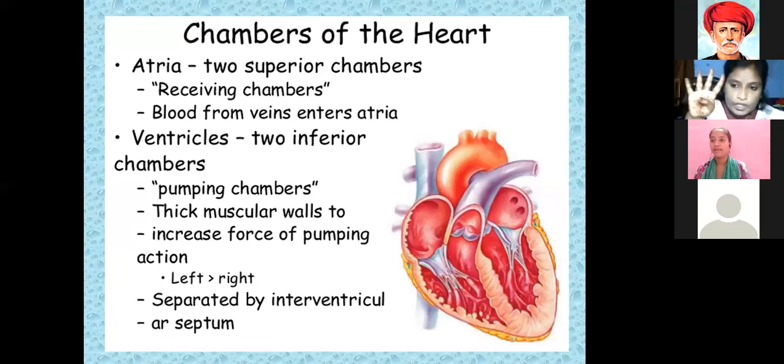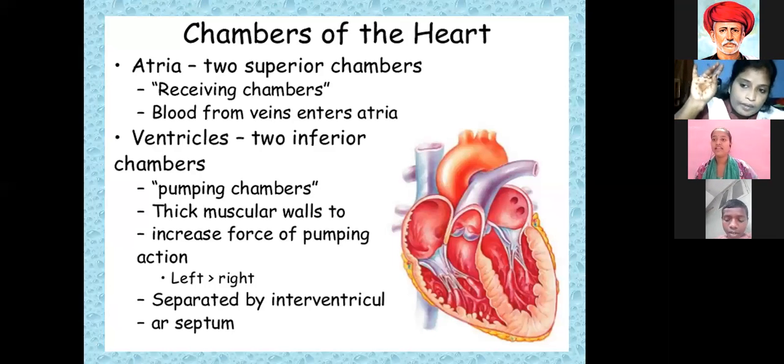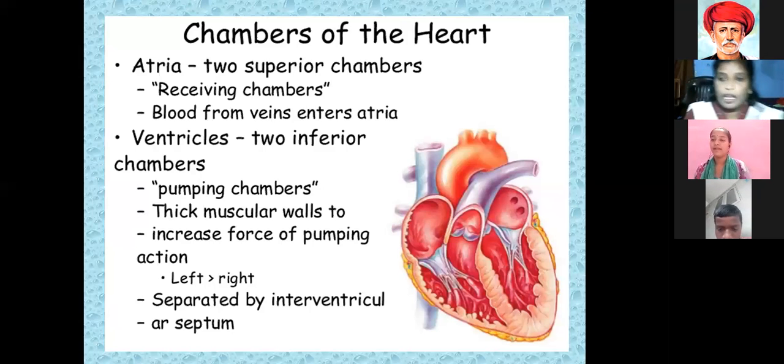Two on top and two below: right atrium, left atrium, left ventricle, and right ventricle. Very good. How many chambers? Four chambers.